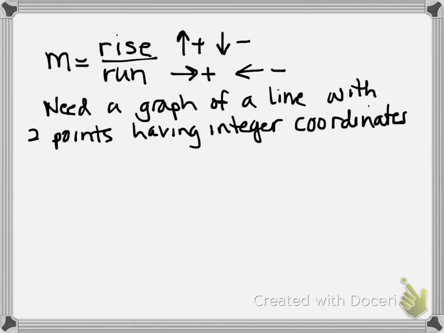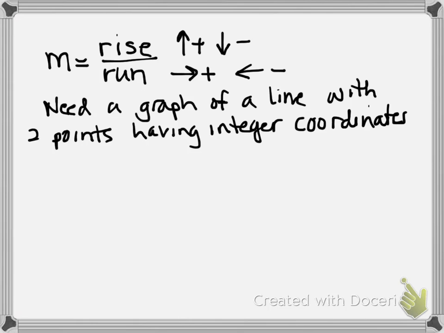It doesn't work out so neatly in a nice little package. So that became a problem. Plus, it takes a lot of time to make sure that you're graphing and then trying to figure out all that other stuff. Because if you think about it, let's say you're given an equation. First, you're going to have to create a chart, come up with 3 points, graph it, and then try to figure out rising from one point to the other and running, it's just crazy.